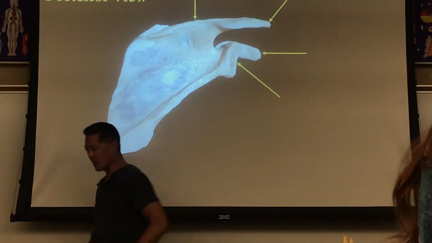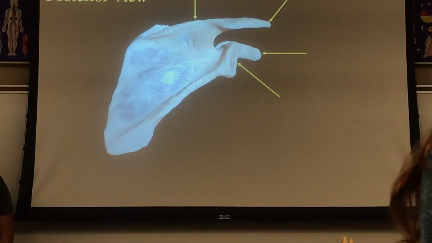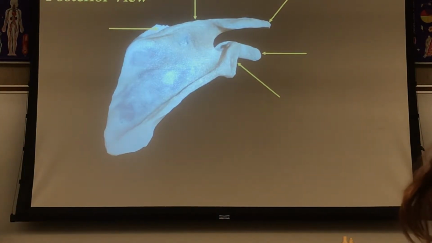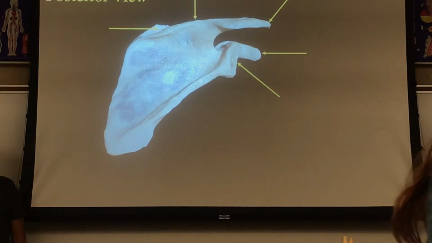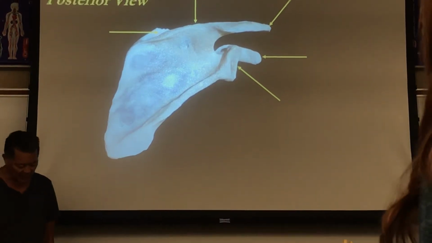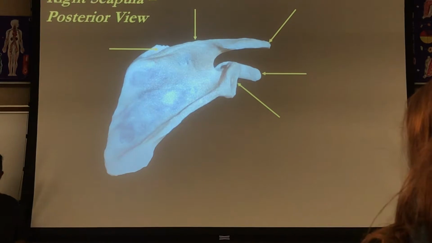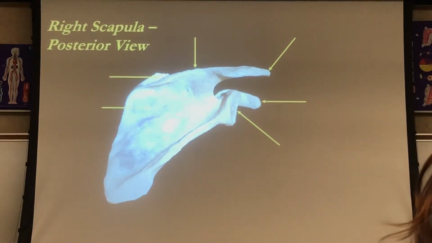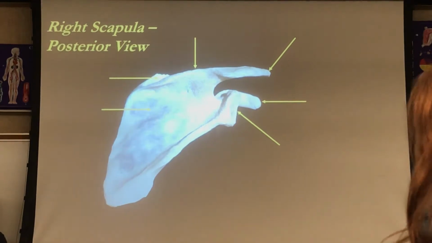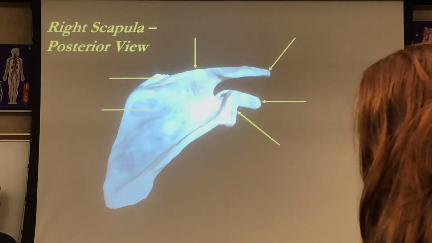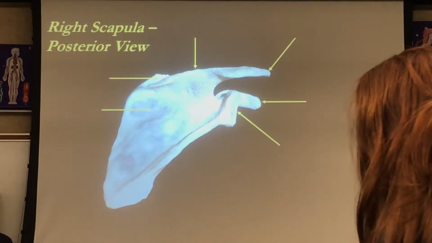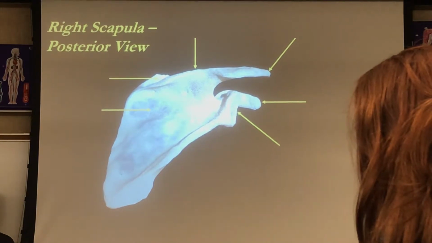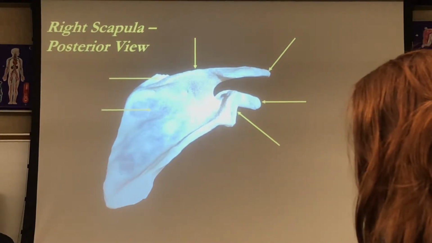The spine also causes two cup-shaped landmarks. The one above the spine is called the supraspinous fossa. That's that one. The one below the spine is the infraspinous fossa. Do those names make sense? Any questions? Everybody got these?